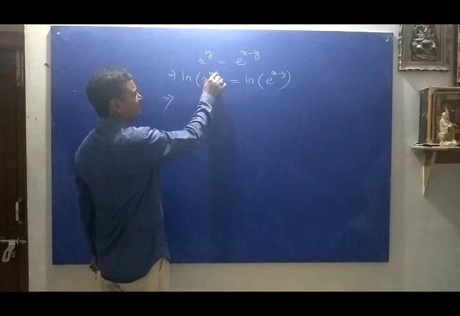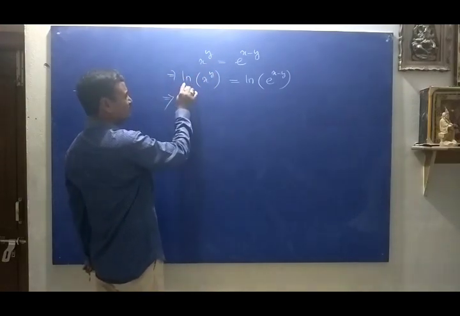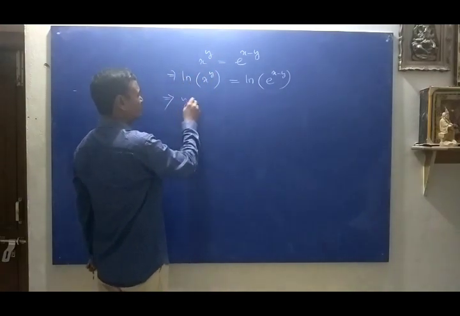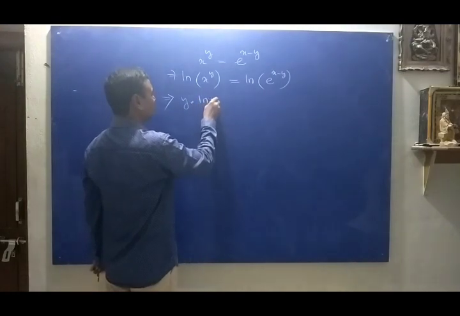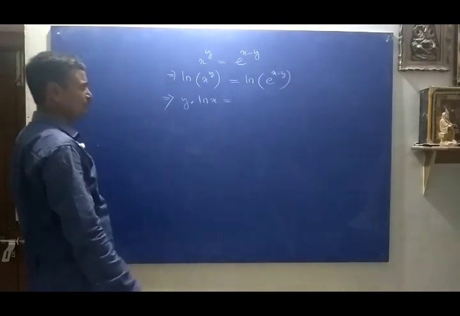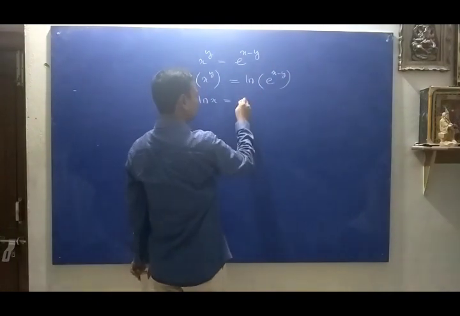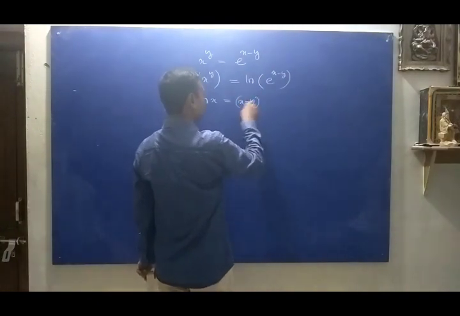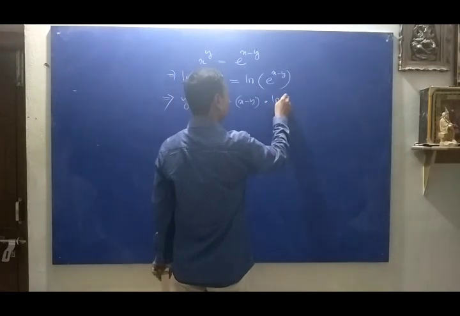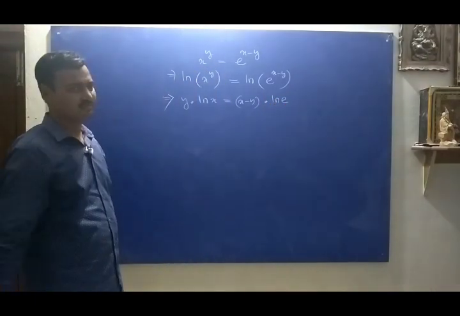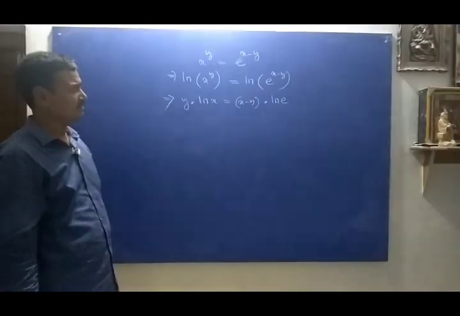Ln of a to the power b is b into ln of a. So y into ln of x is equal to x minus y into ln of e.